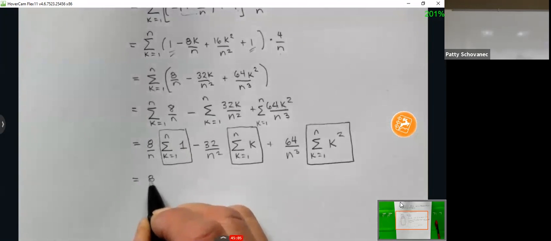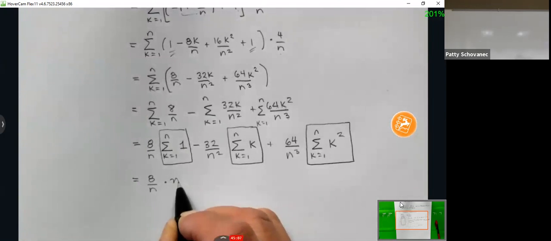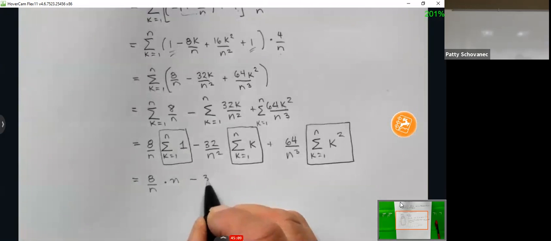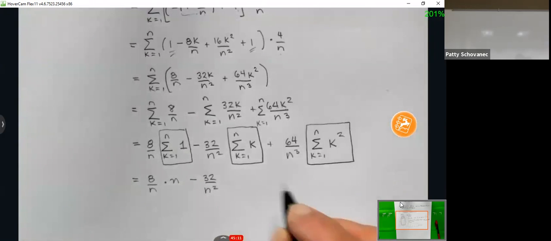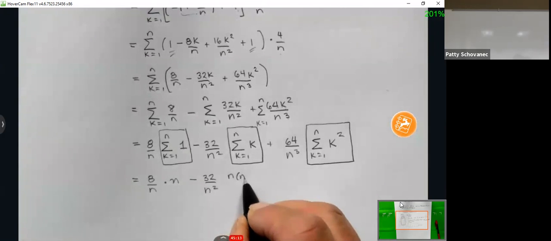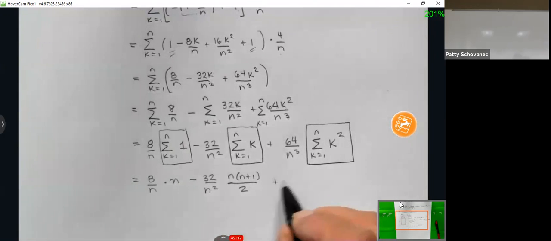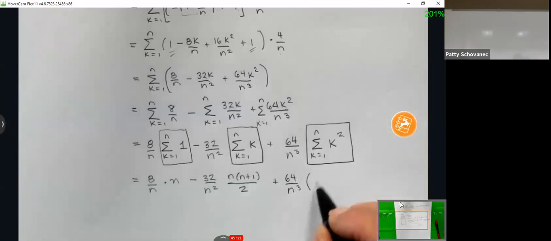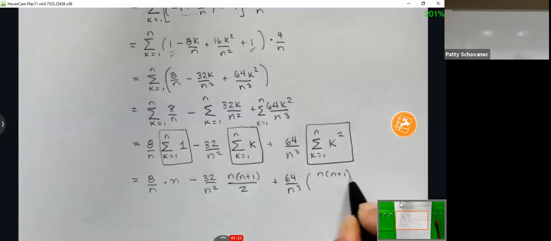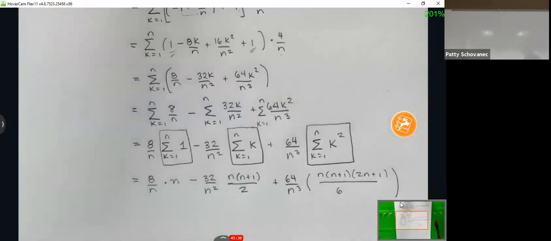And so we have 8 divided by n times n minus 32 over n squared times n plus 1 over 2 plus 64 over n cubed times n plus 1, 2n plus 1, all over 6. No more dependence on the variable k.